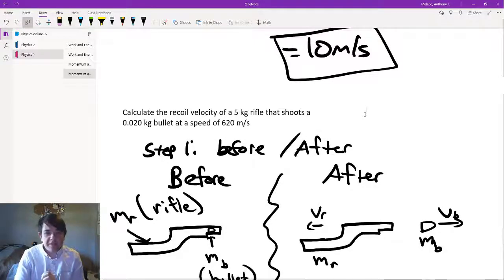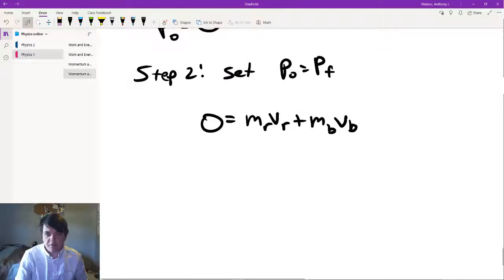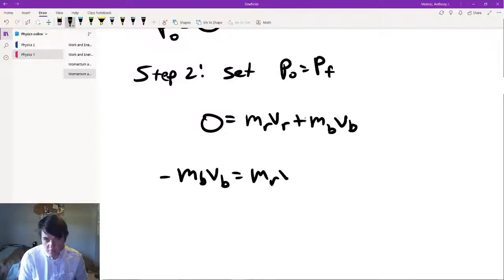And what did we need? Calculate the recoil velocity of the rifle. So we're actually solving for VR here. We're going to move the bullet term over, negative because we're subtracting it, equals MR VR.